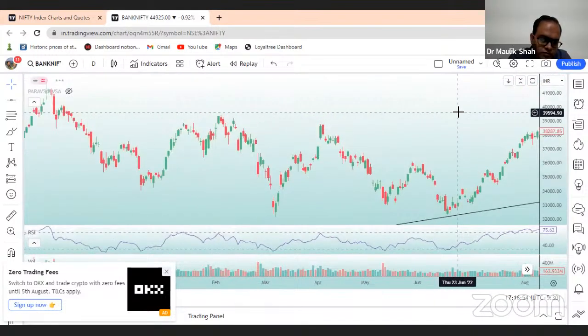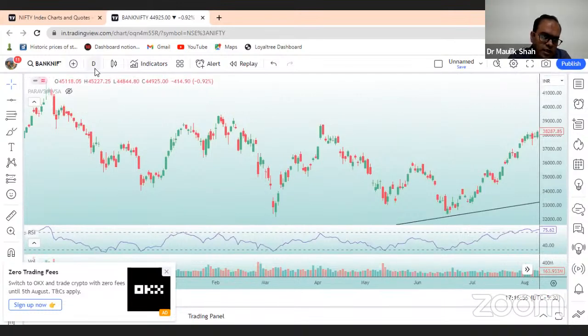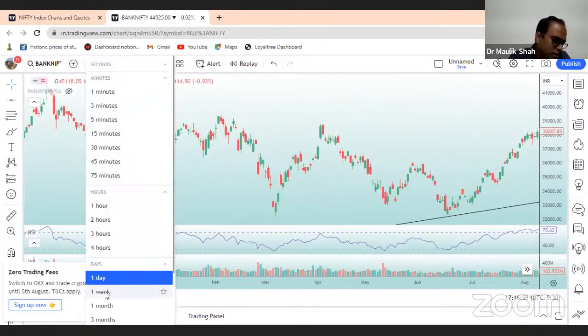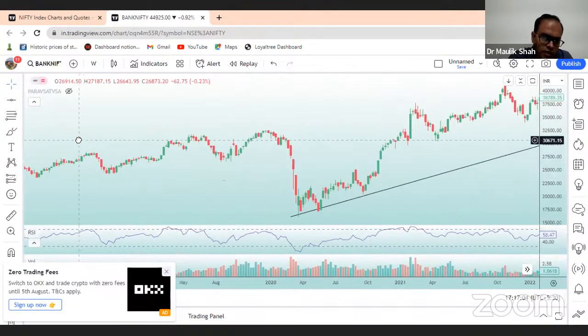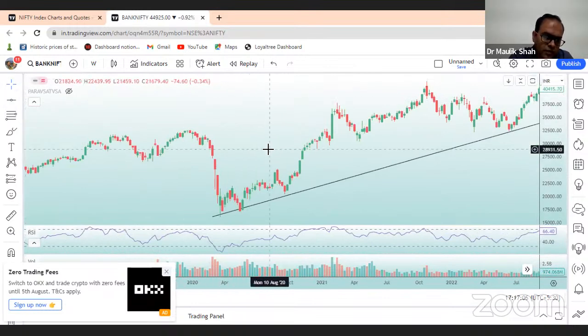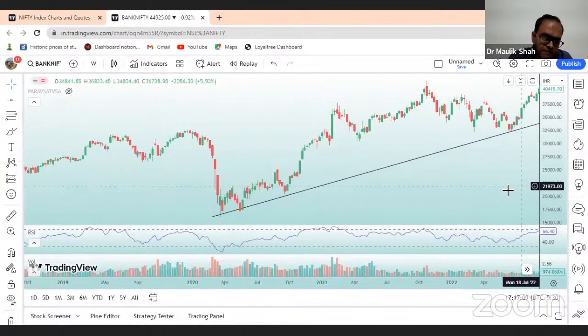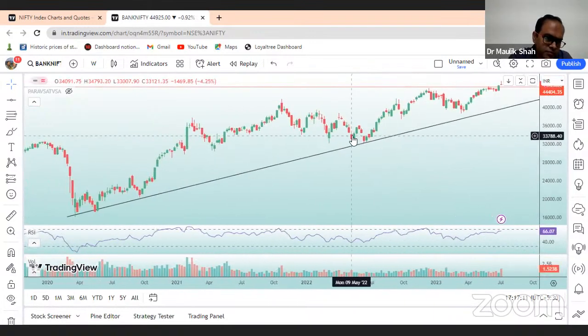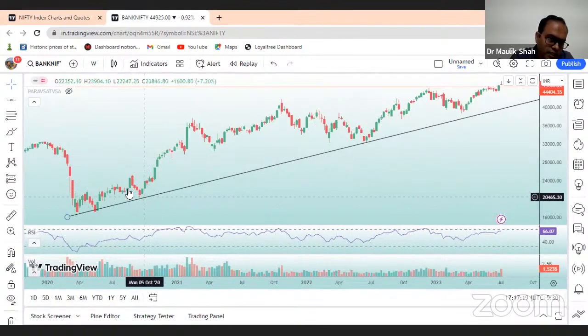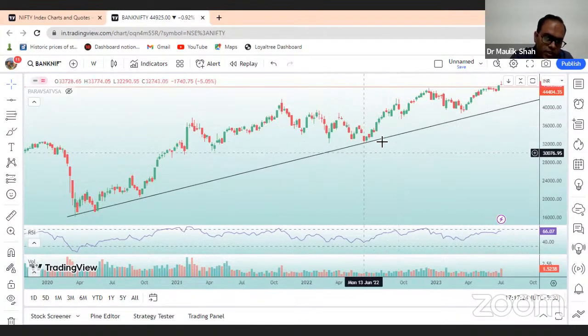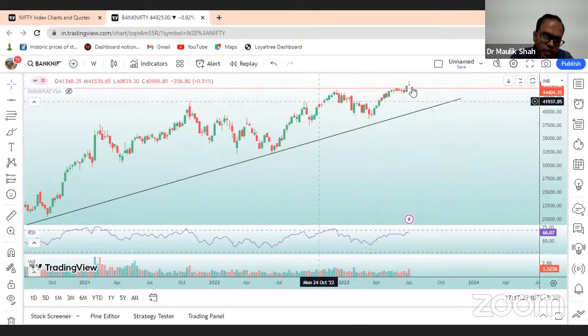So see, I have drawn this trend line in the weekly time frame. See this trend line. From here, here, it came down and then traced upon. It went up, going down, up. Again, it took support over here, going up.